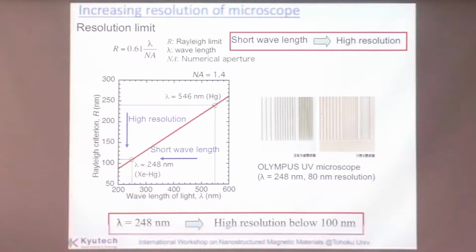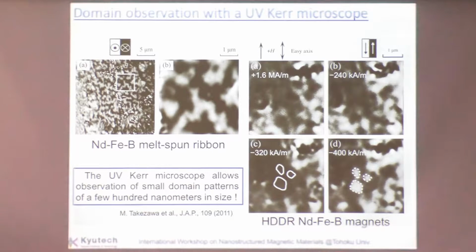This is not a Kerr image, but by using ultraviolet light, a very high resolution can be obtained, about 100 nanometers. So this is an observation result using ultraviolet light.